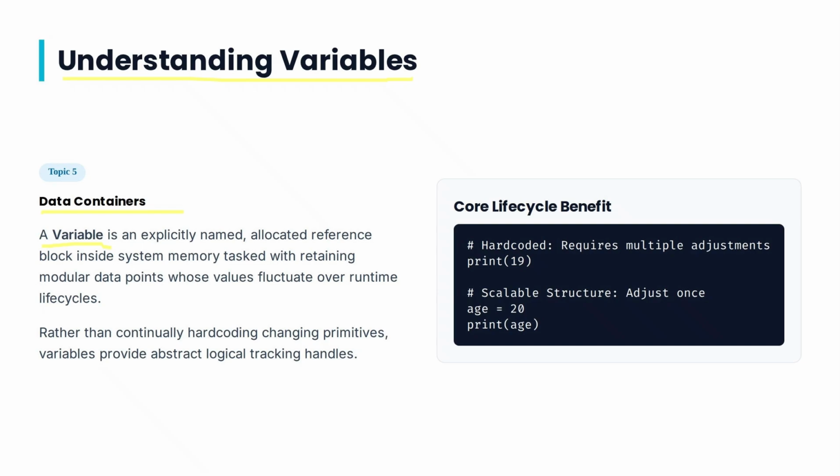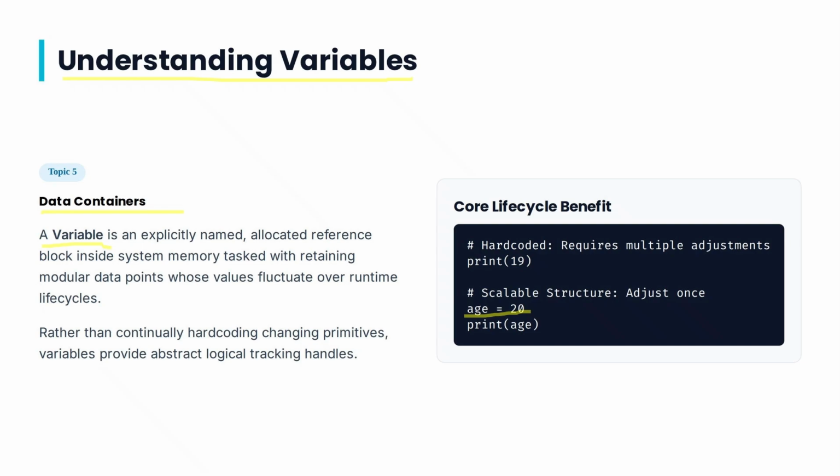A simple example of a variable is this: age equal to 20. Age is a data container, or a variable, which is blank when created. But when we write age equal to 20, that means the value 20 is being stored in that age variable.